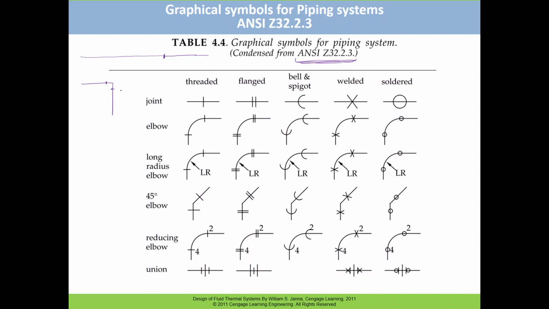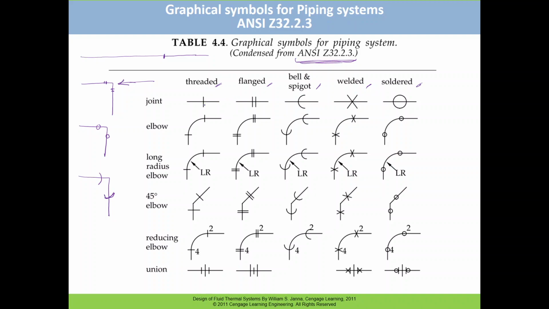Then what is your connection? There should be one line, or there can be two lines, or there can be a circle here, or there can be this kind of connection. So we can have for the 90-degree the threaded joint, the flange joint, the ball and spigot joint, and the welded and soldered joint.